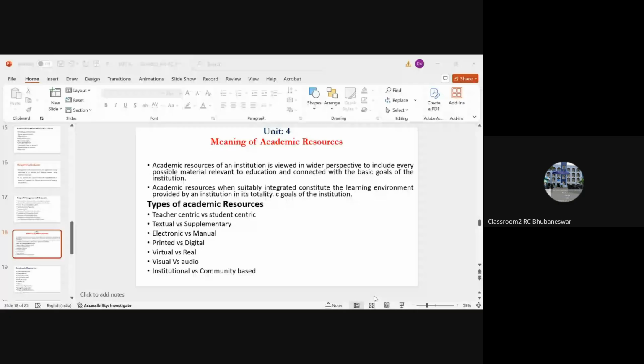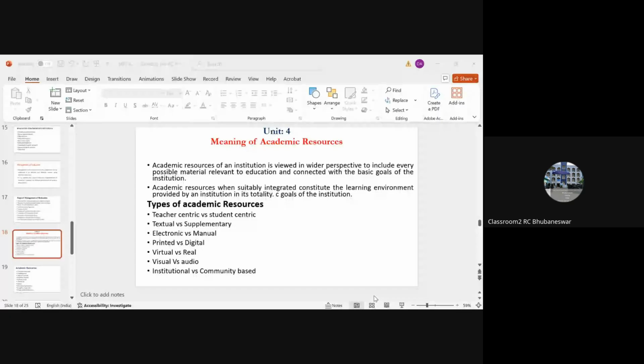In urban and metropolitan cities the environment is different, because the students come from different backgrounds, and the teachers working in those schools, institutions or colleges also come from different backgrounds, exposure and experience. So the environment is different. As per the environment, materials should be essential as per the learning environment of the institution.